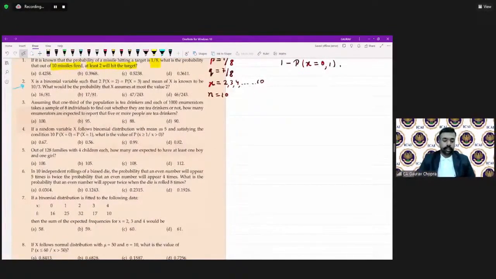I will give you the hint. X is a binomial variable such that 2 times P(x=2) equals P(x=3). The mean of X is known to be 10 upon 3. What would be the probability that X would assume at most value 2? At most value 2.